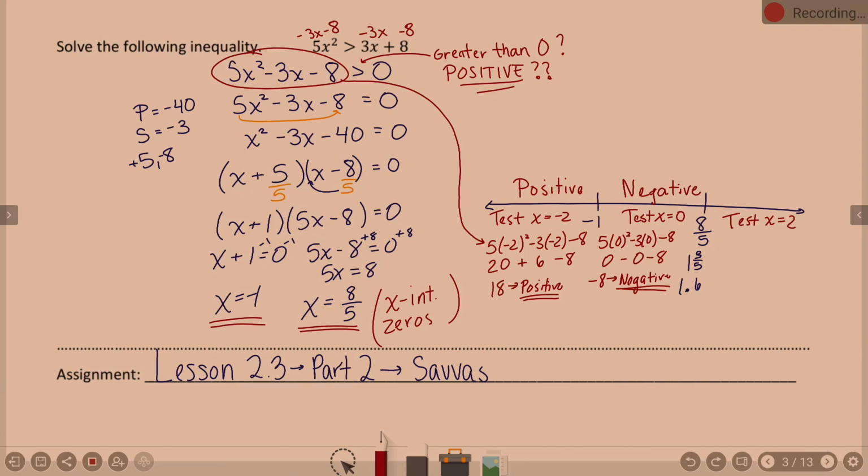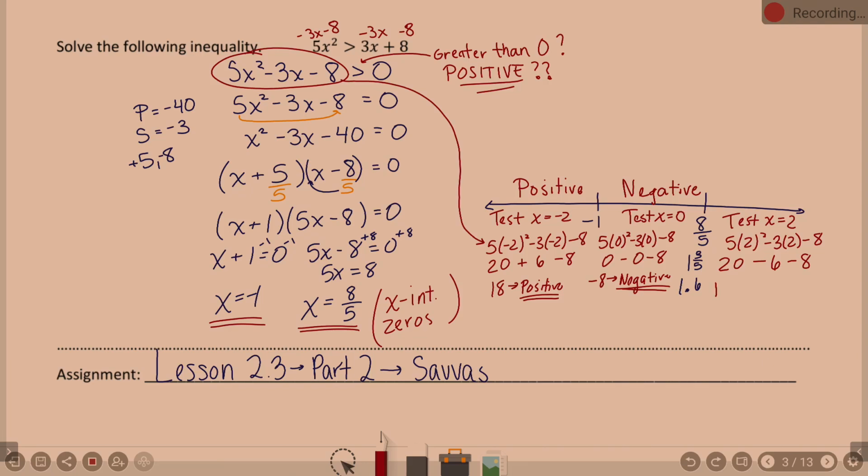So 5 times 2 squared minus 3 times 2 minus 8. 2 squared is 4 times 5 is 20, minus 6, minus 8.